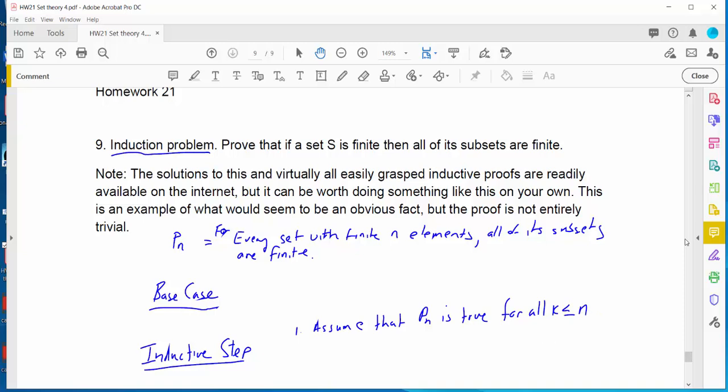And then what you need to do is show that P necessarily holds for k equals n plus 1.